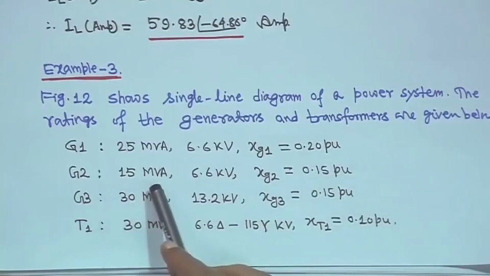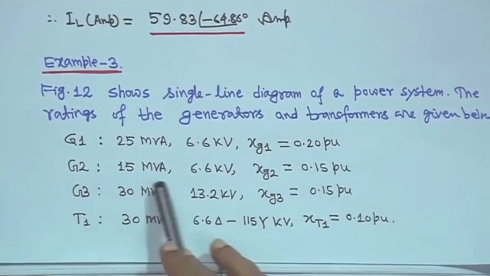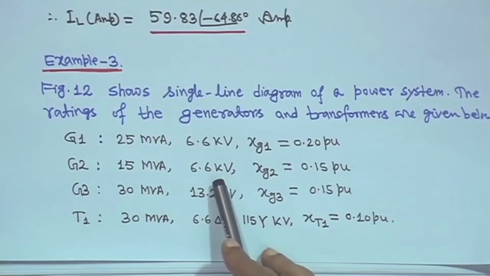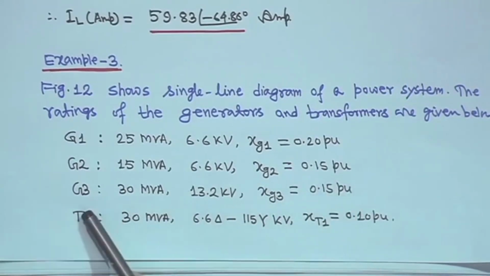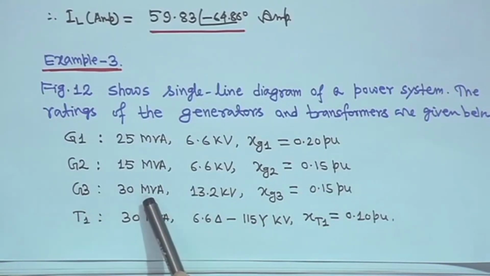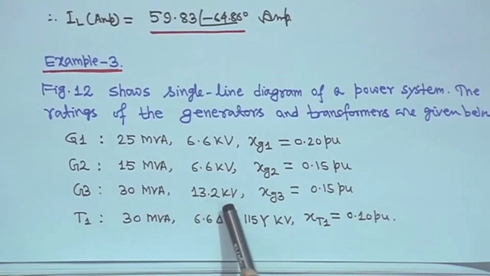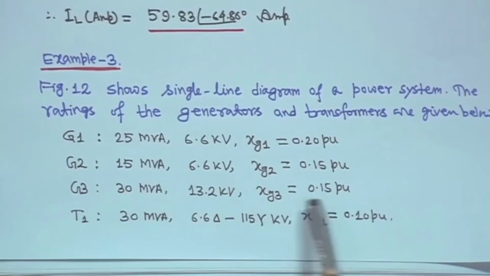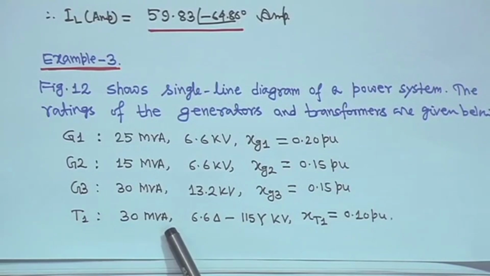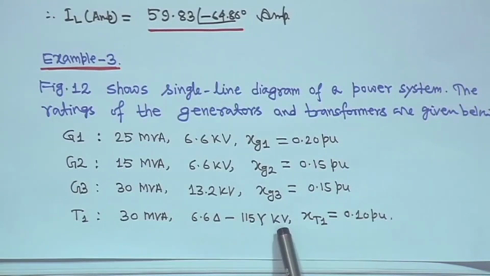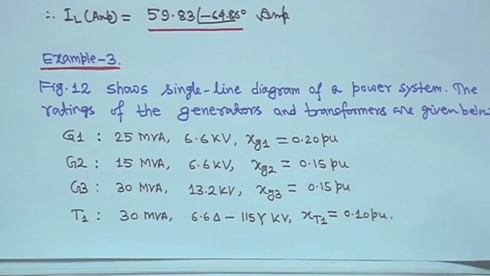Generator 2 rating is 15 MVA, 6.6 kV, and reactance is 0.15 per unit. Similarly, generator 3 is 30 MVA and 13.2 kV, and its reactance is 0.15 per unit. Transformer T1 is 30 MVA, 6.6 kV on the delta side and 115 kV on the star side, and the transformer reactance is 0.10 per unit, right.